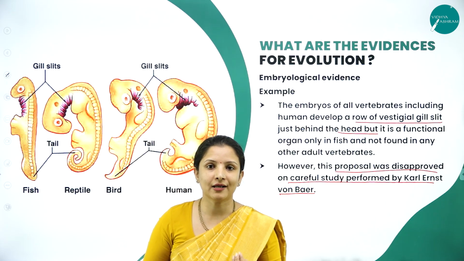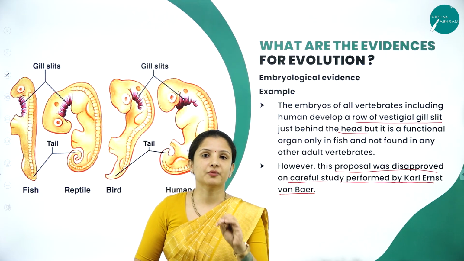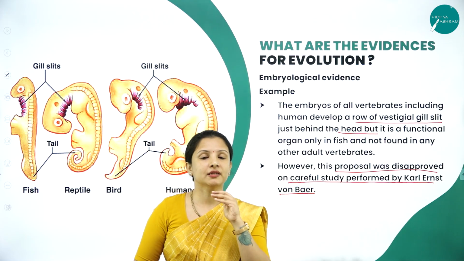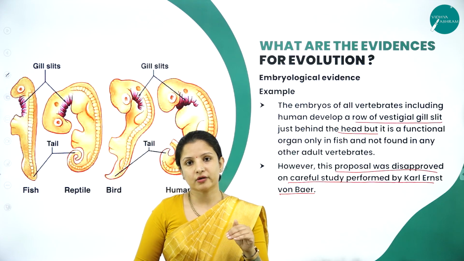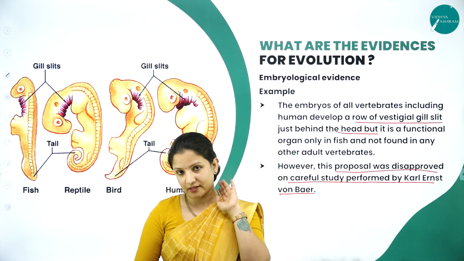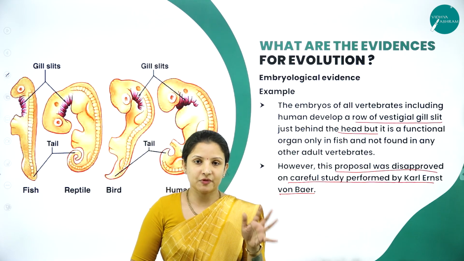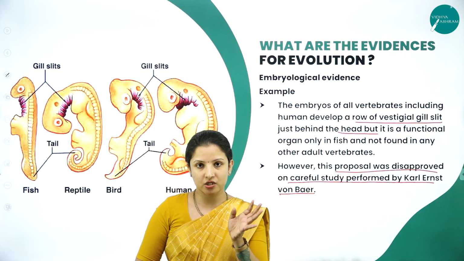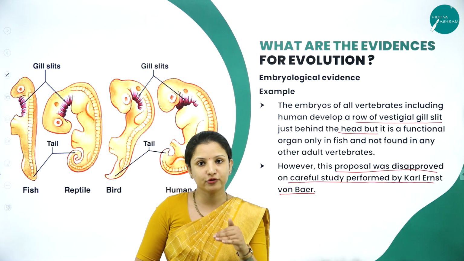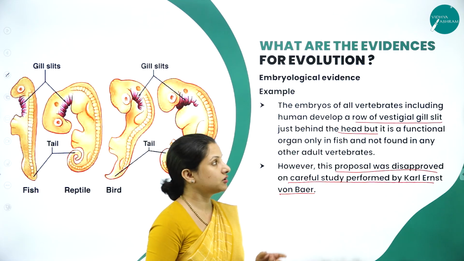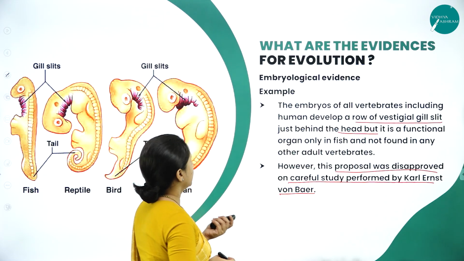They got to know that evolution happens in the vertebrates, wherein the embryos of those organisms have gill slits behind their head for proper respiration, but they are lost, especially in the vertebrates. They are vestigial because they are lost when the embryos of the vertebrates become adults. So this is about embryological evidence.